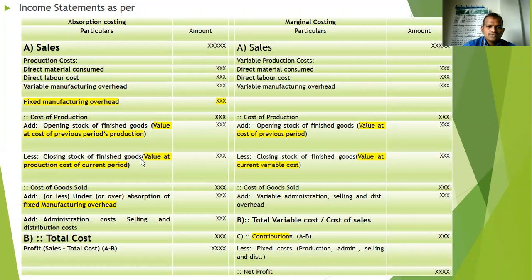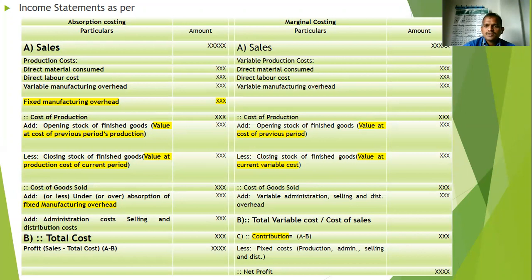See, less closing stock of finished goods, valued at production cost of current period. In marginal costing, it is valued at current variable cost, variable cost only. So cost of goods sold. Here also cost of goods sold. Add under or over absorption of fixed manufacturing overhead.